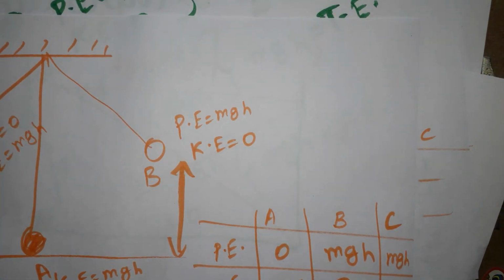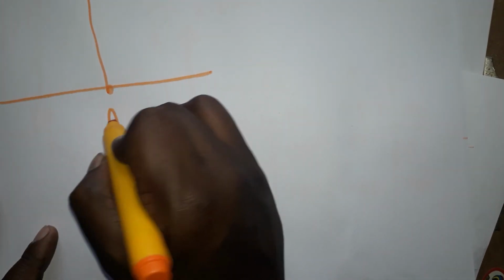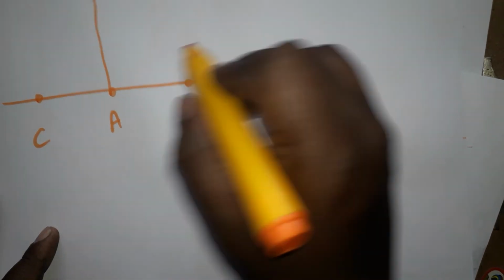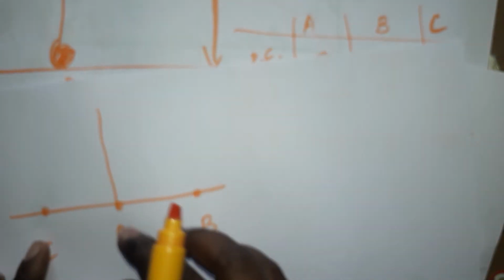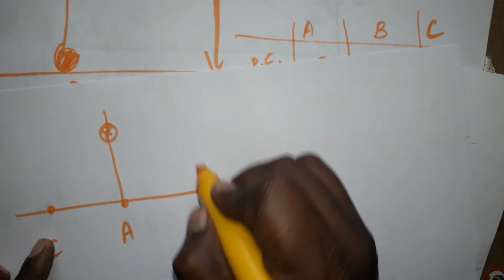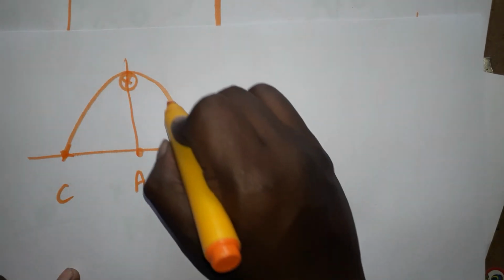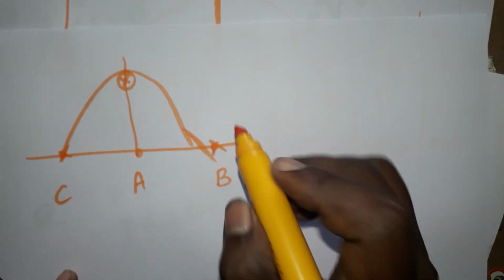Next we are going to see how the graph is going to be for the simple pendulum, and also the work energy theorem. It is a point of A, center point, it is a point of B and it is a point of C. First I am drawing the graph for the kinetic energy. Kinetic energy at A point maximum, B point minimum, C point minimum. So I will get an inverted U shape.